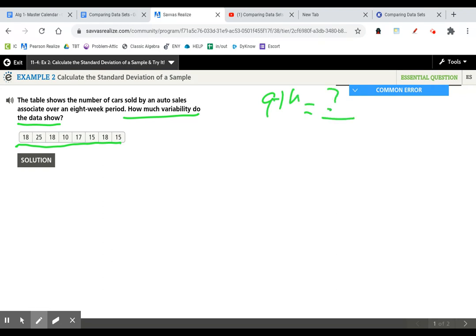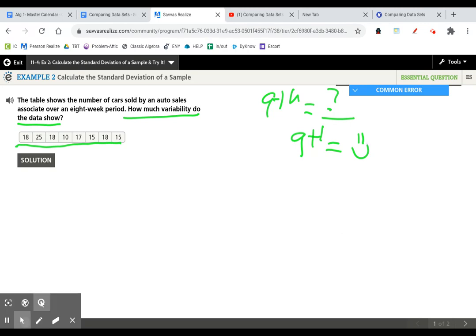I don't really know how many cars he's going to sell because his numbers are kind of all over the place. Whereas if the variability is small, then we can probably predict that, right? His number of car sales does not vary much. So his 9th week of sales, we can probably guess and be confident that we know how many cars he's going to sell. But there's math to be done to figure that out.